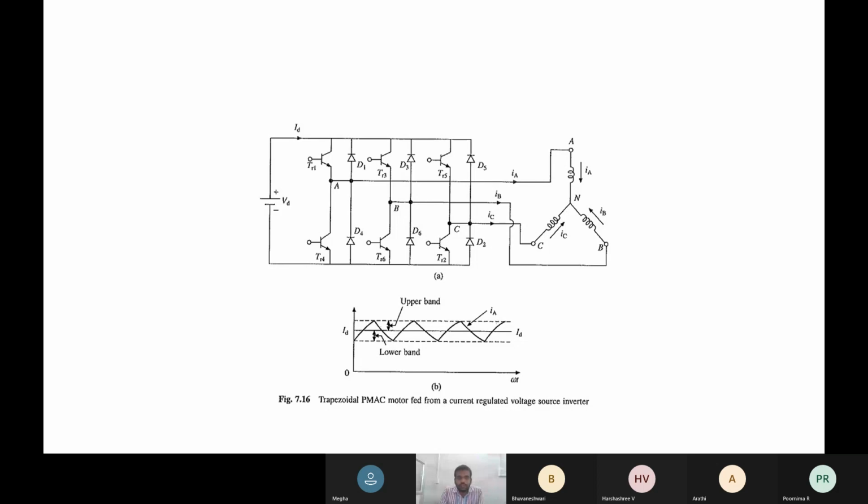The nomenclature is very important: TR1, TR4, TR3, TR6, TR5, TR2. Similarly, we have corresponding diode branches. For thyristor 1, we will have one diode, D1. For thyristor 4, D4.